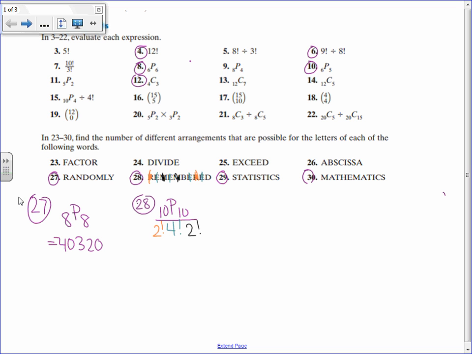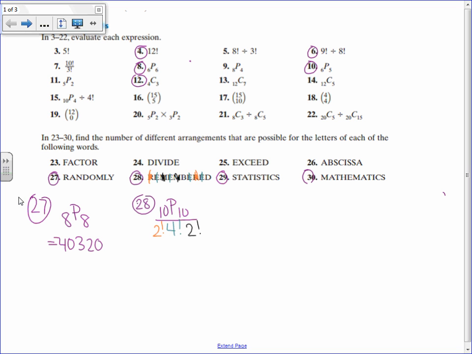So we're going to put this in our calculator, 10p10 divided by, now if you want to just put this on your calculator right off the bat, that's fine. Make sure you put all these factorials in parentheses because you are dividing by all of them.